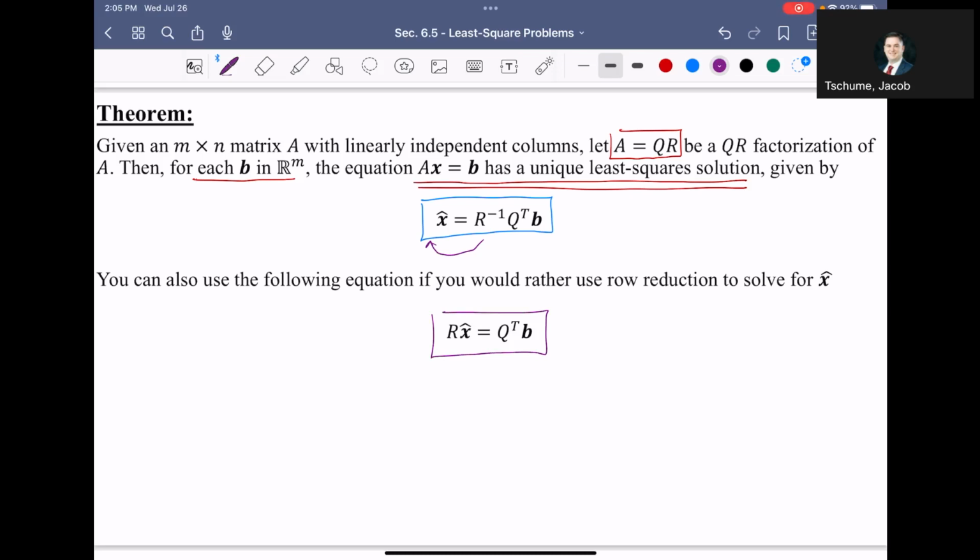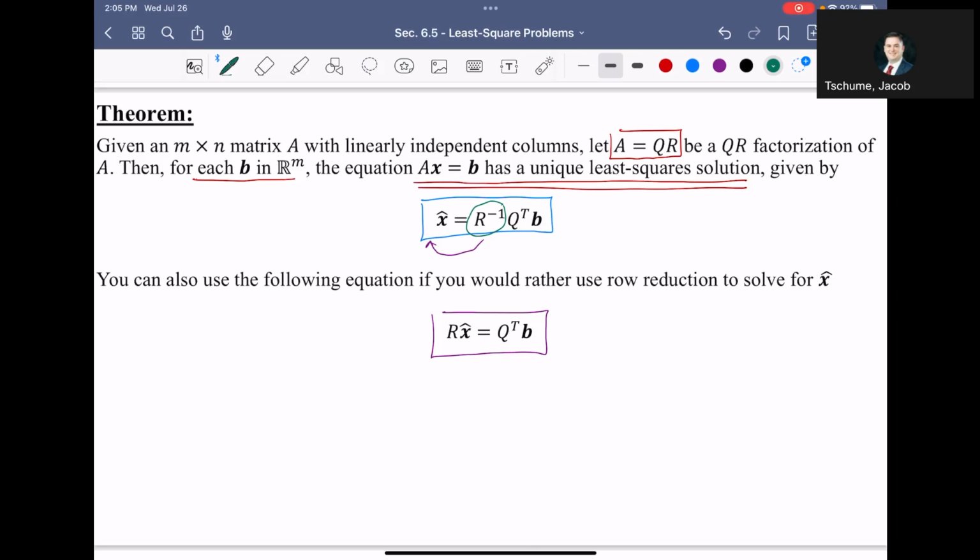Now, a question I get from students once in a while is, well, how do I know which one's better? Here's my thought. It all hinges on R inverse. Obviously, finding the inverse of a matrix can be very daunting the bigger the square matrix is. If R is a 2 by 2 matrix, not challenging at all. We can find an inverse of that pretty quick. If R is 3 by 3, that's not as much fun anymore.